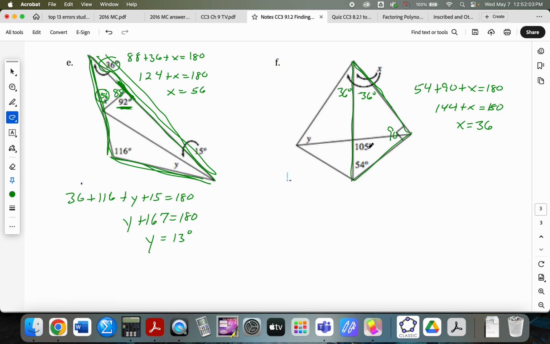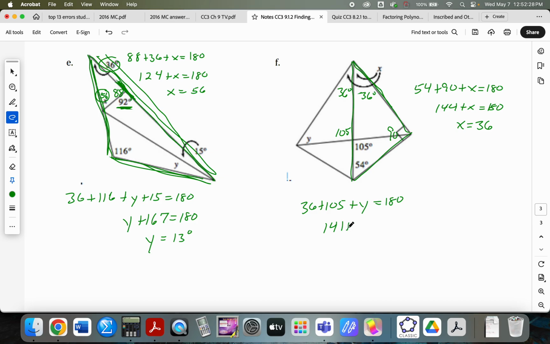To find angle y, I think the easiest thing to do is to, if this angle is 105, its vertical angle is also 105. And then just work with this triangle. 36 plus 105 plus y is 180.